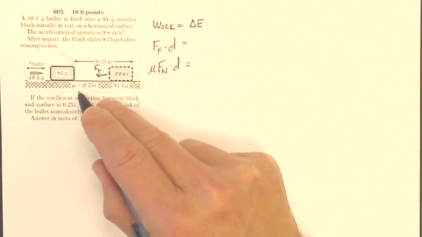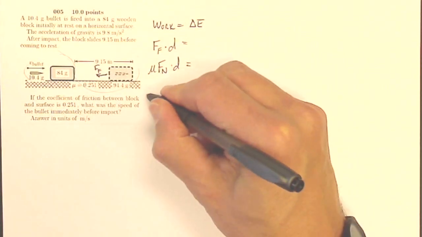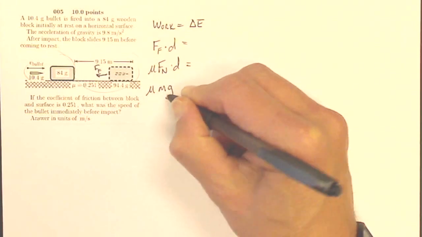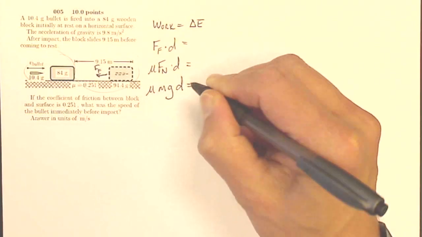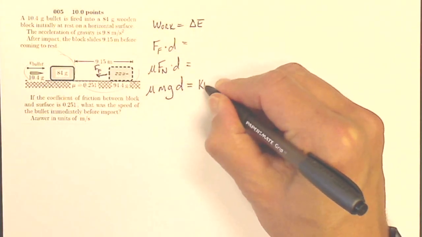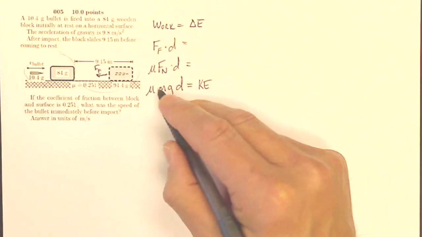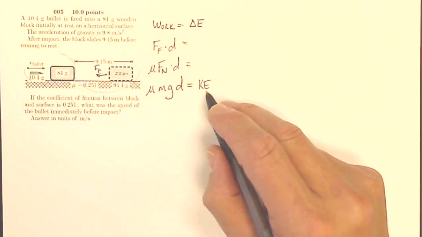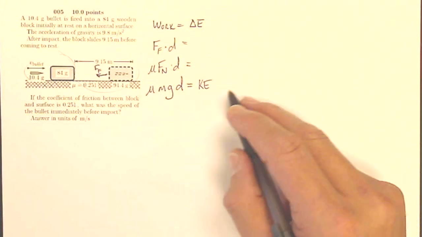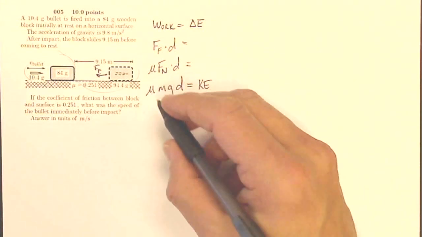And mu they give me, the normal force is going to be the mass times the acceleration of gravity. So mu mg times the distance is going to be how much energy this thing had. Well, that's going to be how much kinetic energy it used to have before it went slamming in. So kinetic energy is going to be 1/2 mv squared. So I could try to cancel out some things, but I'm just going to throw this in.